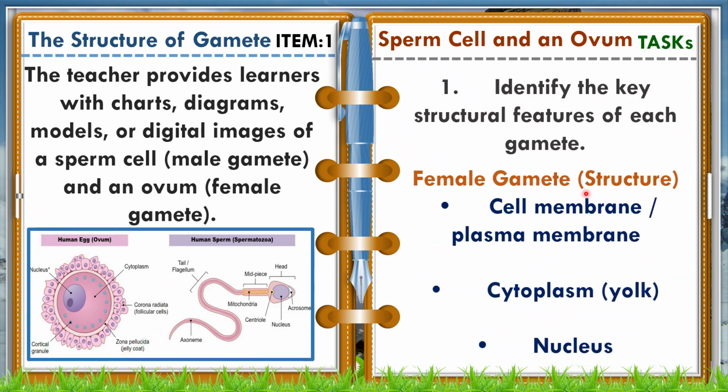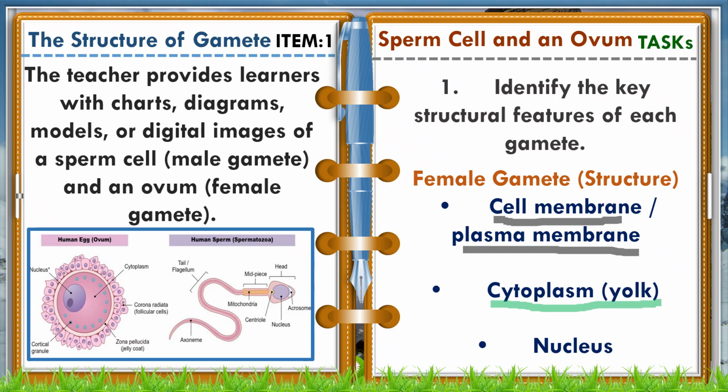Let's now look at the structures of the female gamete. It has the cell membrane, or what we refer to as the plasma membrane. The cell membrane is the inner layer that surrounds the cytoplasm. And then it also has a cytoplasm, or what we call the yolk.